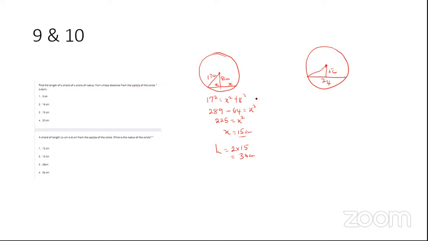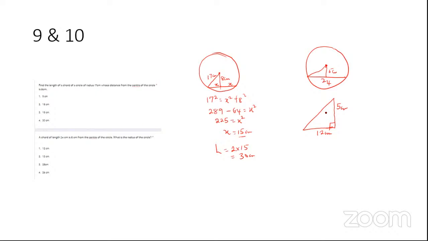So if you bring out that triangle, we realize that we are going to have something of this nature. The 24 centimeters, we divide it into two. So we have 12 centimeters here, and we have 5 centimeters here.